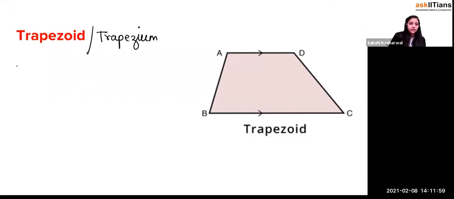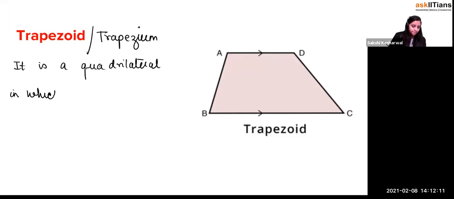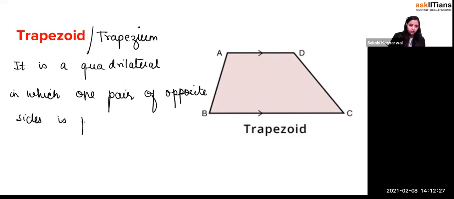So it is basically a quadrilateral in which any one pair of opposite sides is parallel.